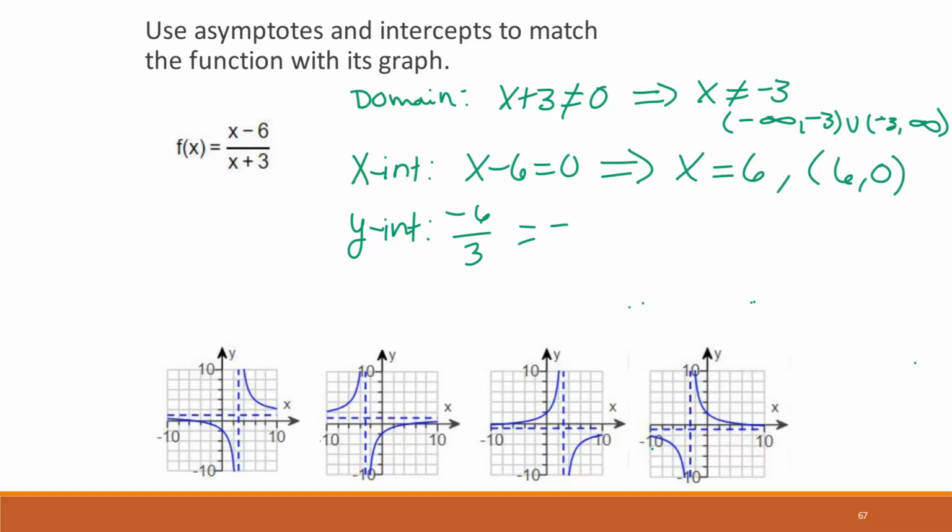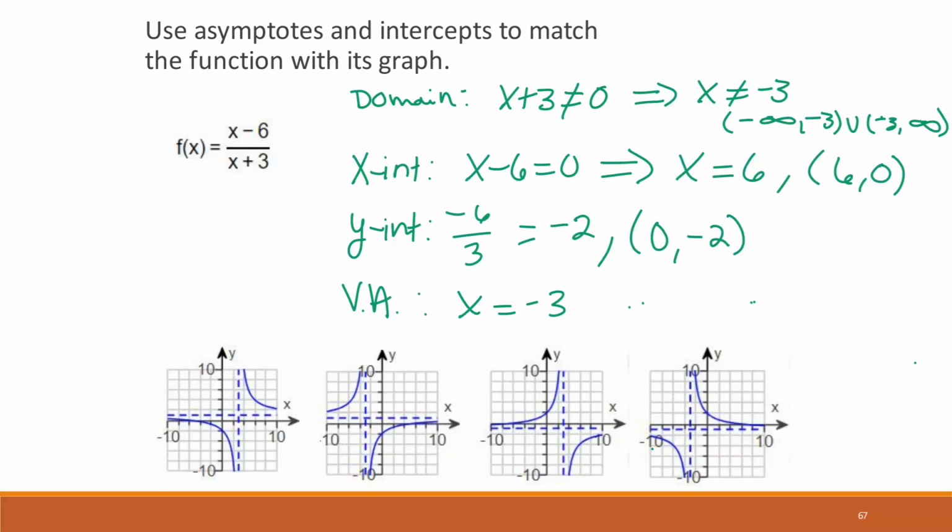So that becomes negative 2. So our y-intercept is at the point 0, negative 2. So we know we have vertical asymptotes at x equals negative 3.